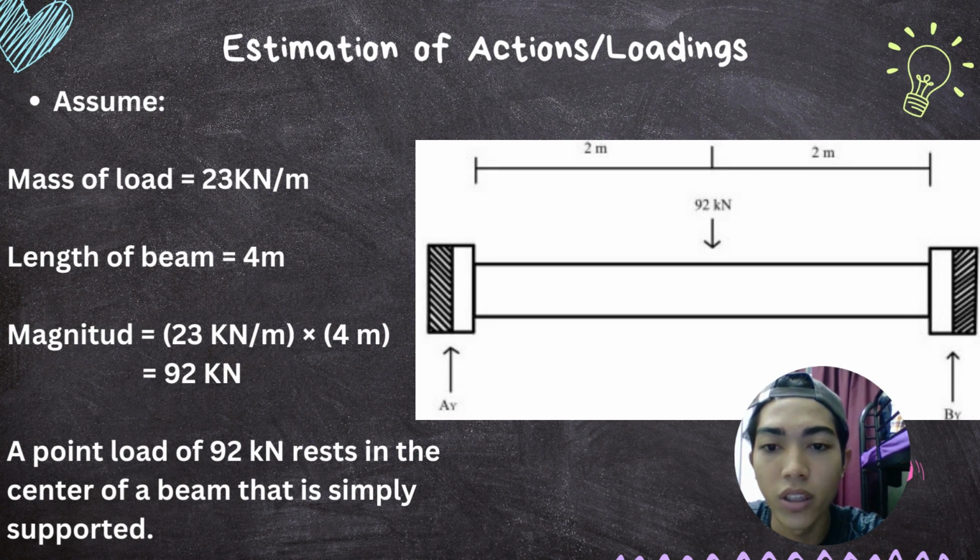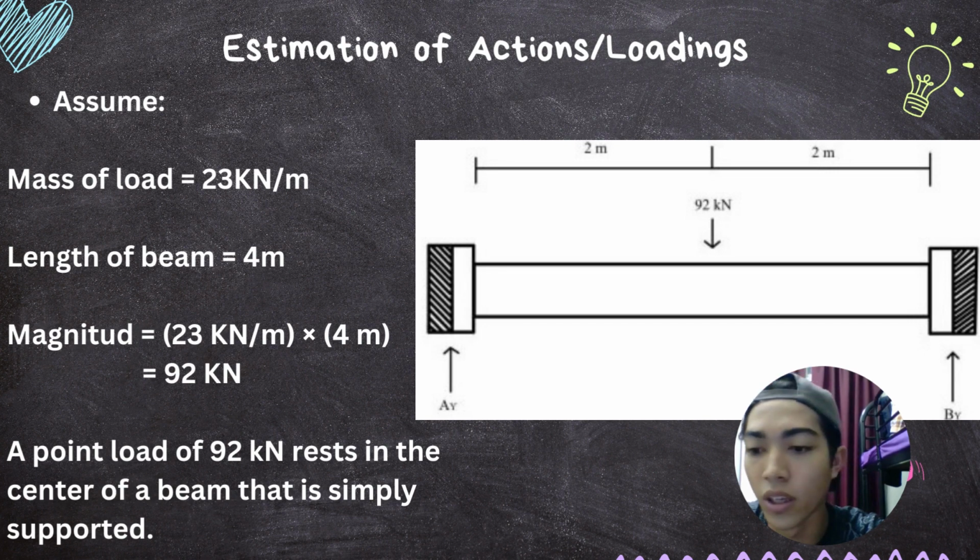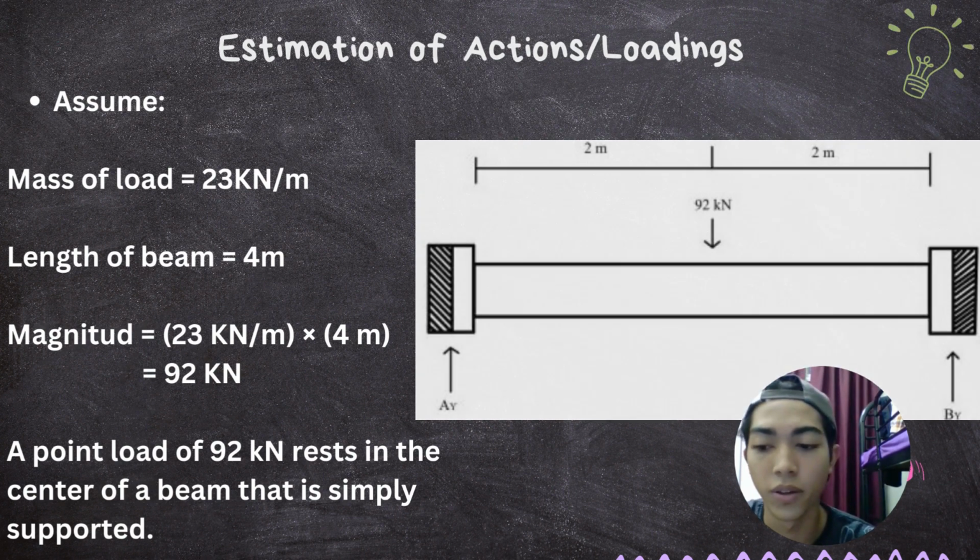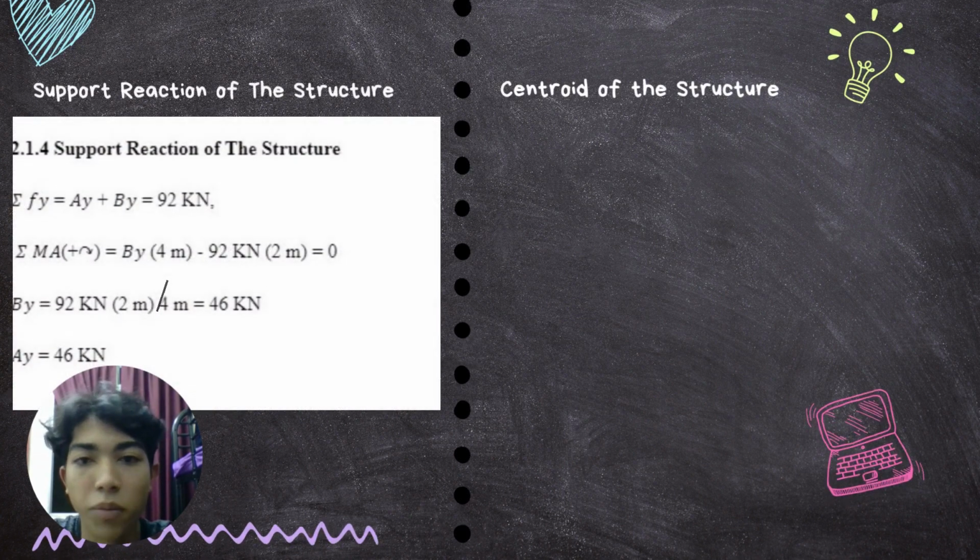The magnitude of the beam load is 23 kilonewton per meter times 4 equals 92 kilonewton. So the point load of 92 kilonewton rests in the center of a beam that is simply supported.